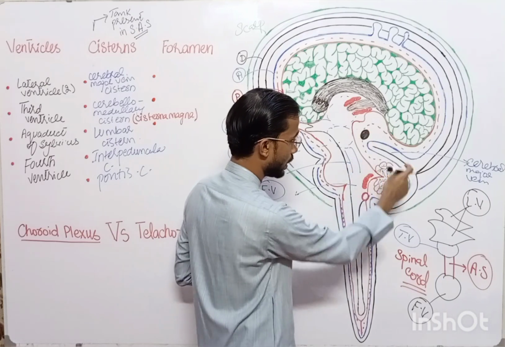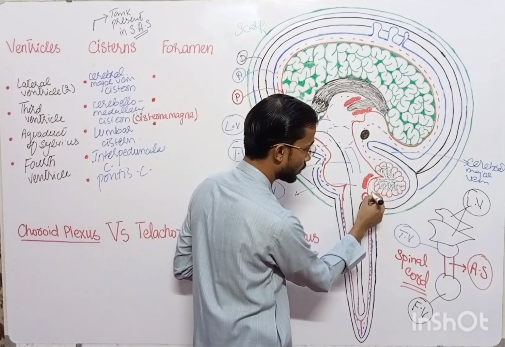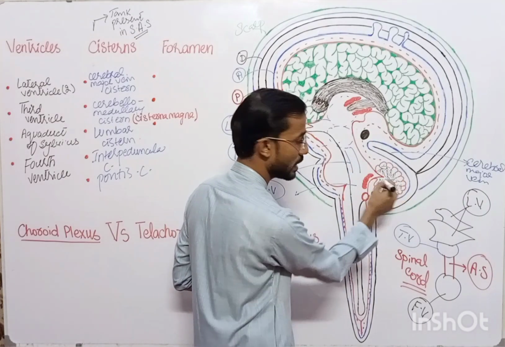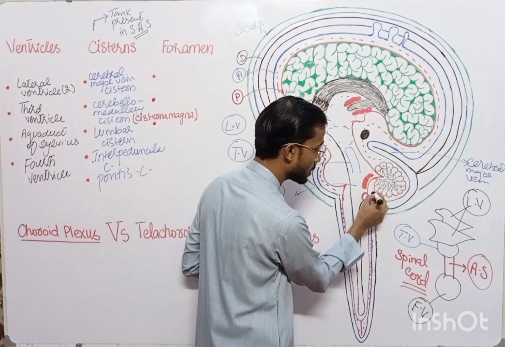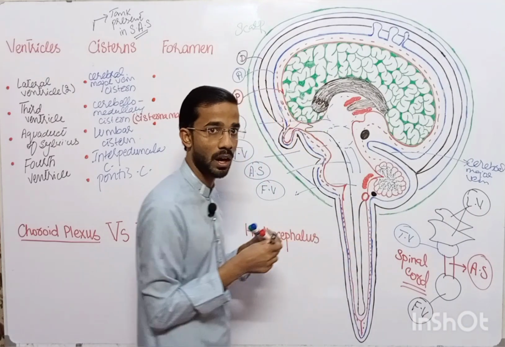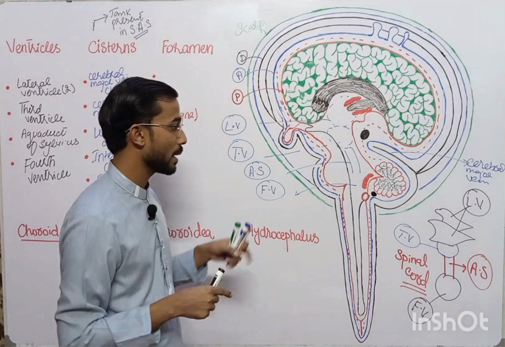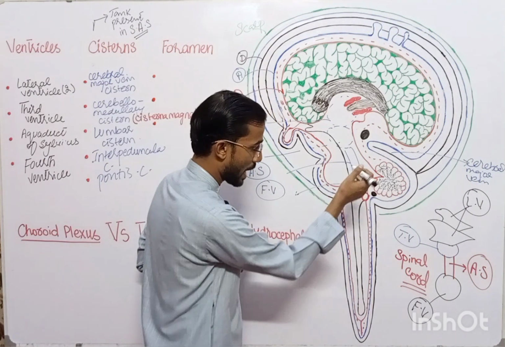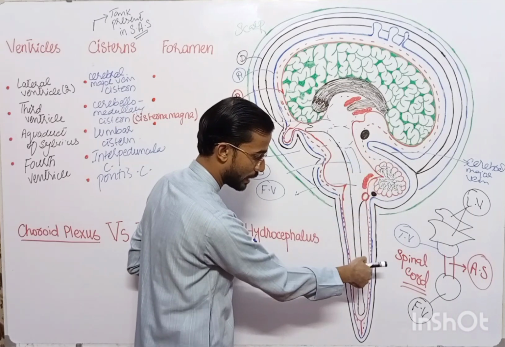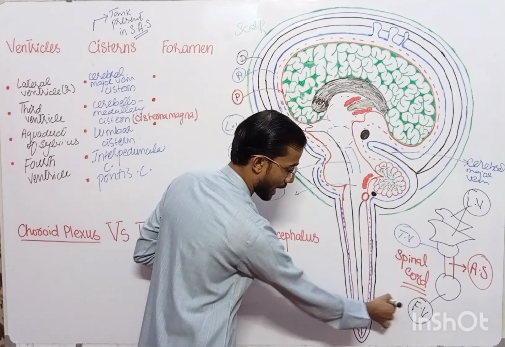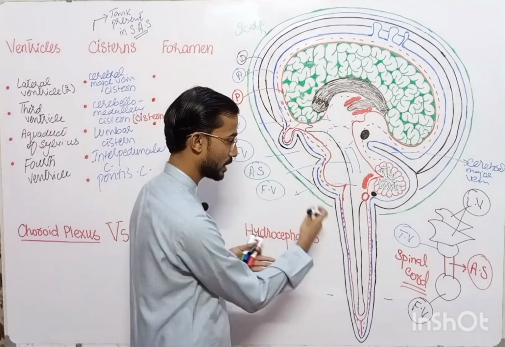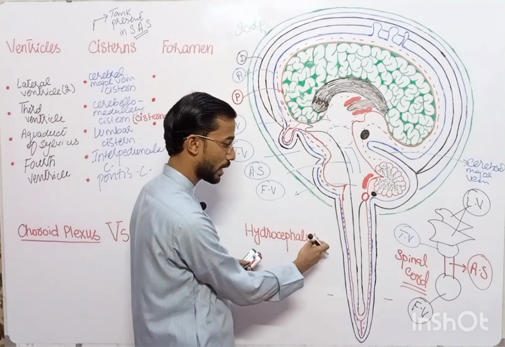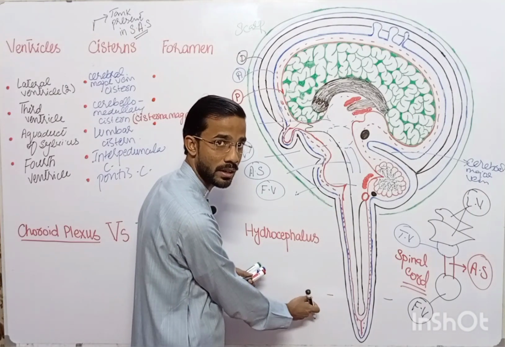And next, if we move this way, this is actually the cerebellum, and the cistern which is present near the cerebellum is called the cerebello-medullary cistern. Here is the second cistern. And if we move towards the spinal cord, there are several regions: cervical, thoracic, lumbar, sacral, coccyx.